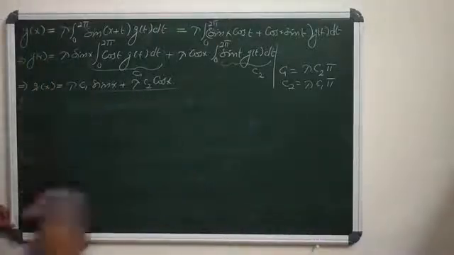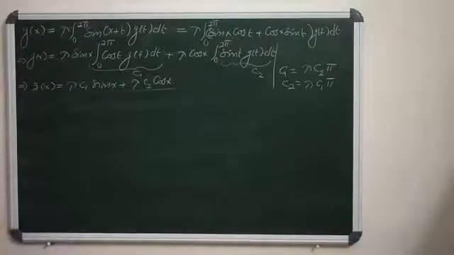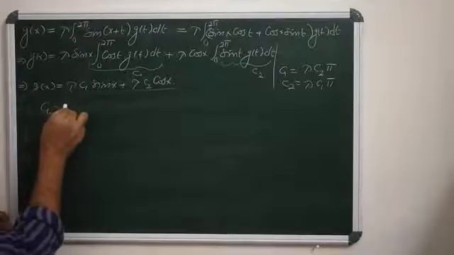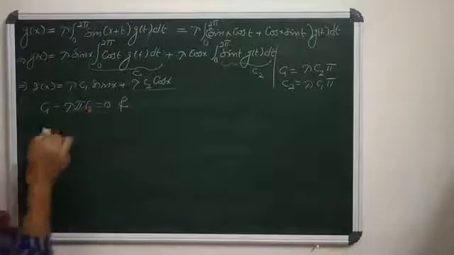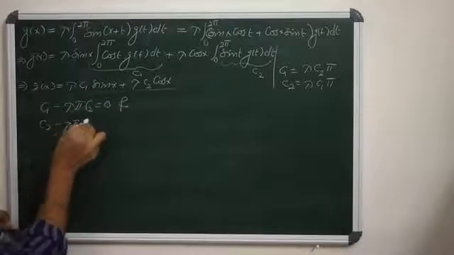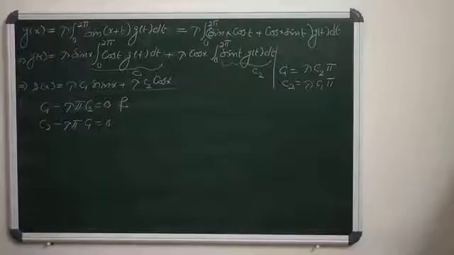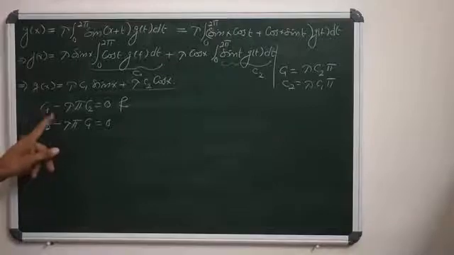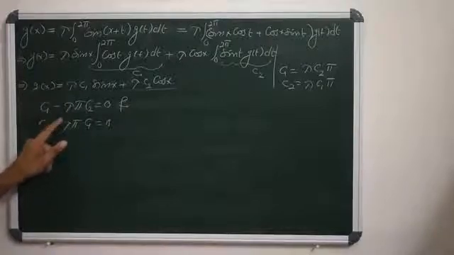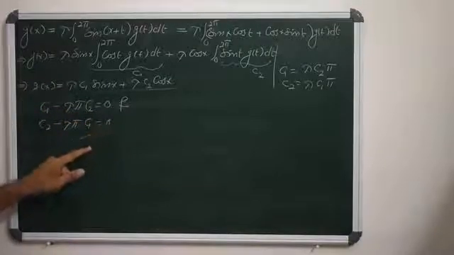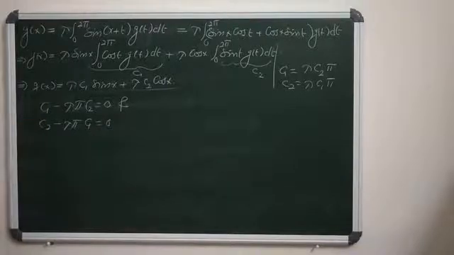Then how to solve that? Consider these two linear equations: C1 minus lambda pi C2 equals 0 and C2 minus lambda pi C1 equals 0. These two equations give a system of linear homogeneous equations involving C1 and C2.